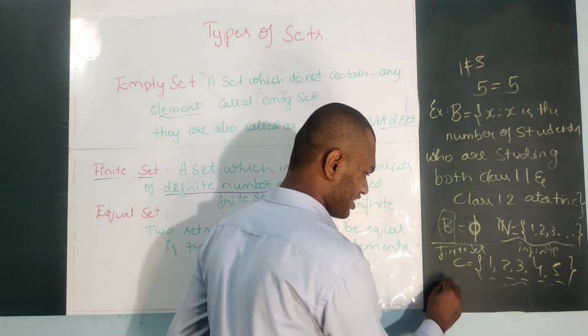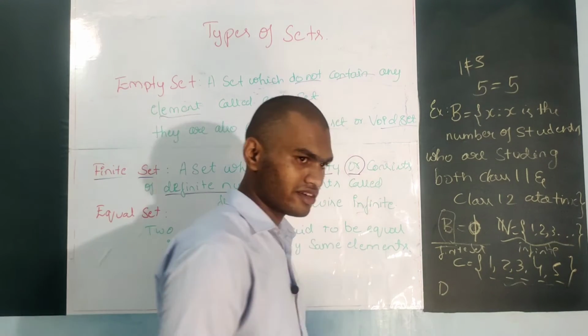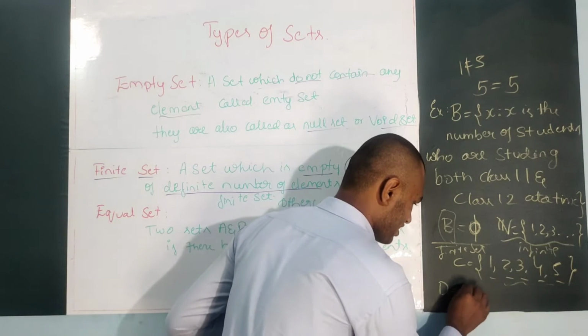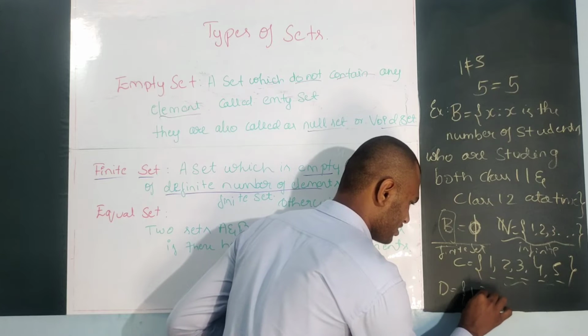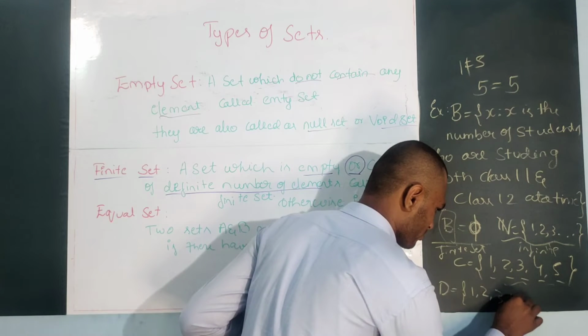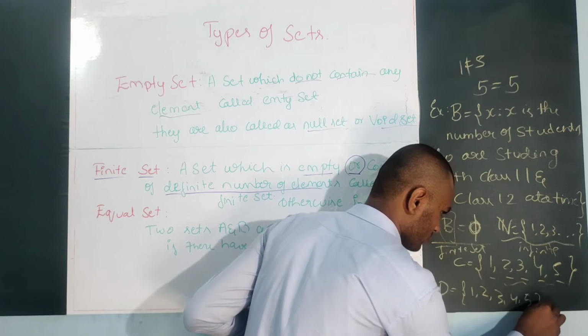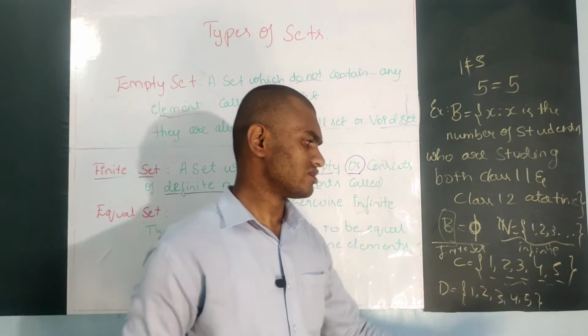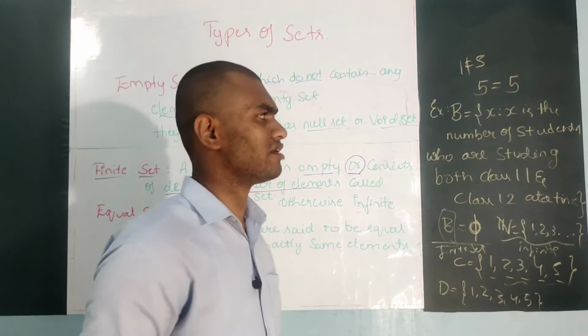If I take D, and I need to say C is equal to D, then it should contain exactly the same elements, 1, 2, 3, 4, 5. Is C equal to D? Yes, it contains exactly the same elements.